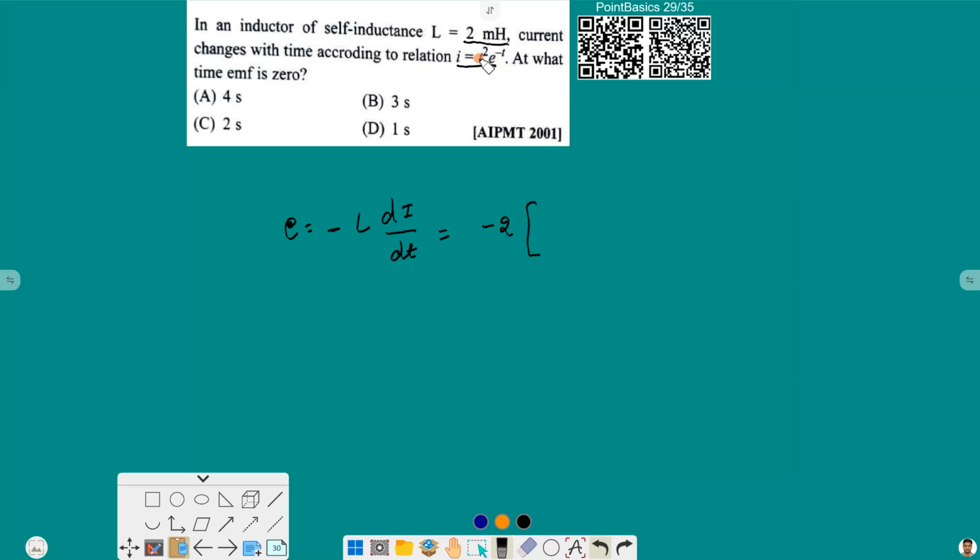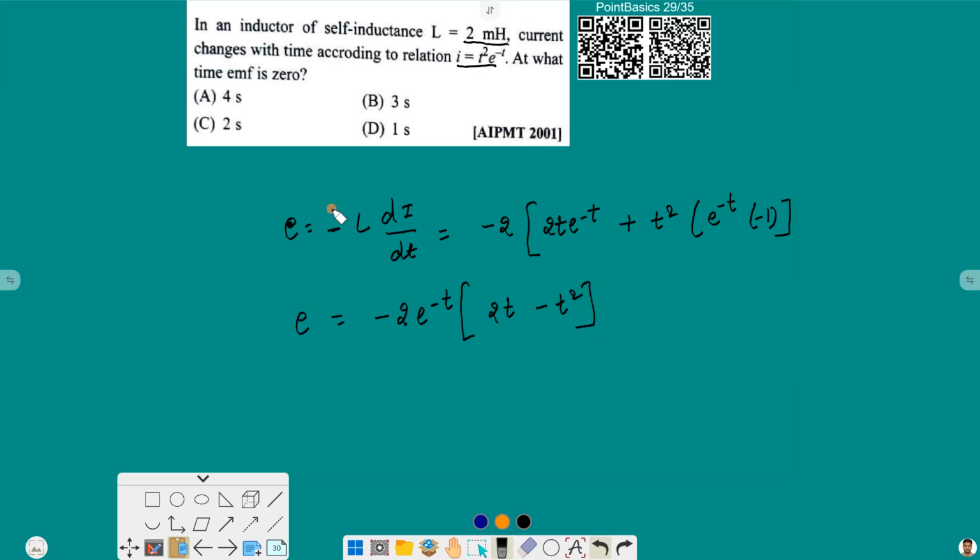First taking the derivative of t square, it will be 2t into e raised to power minus t, plus t square as it is, and the derivative of e raised to power minus t will be e raised to power minus t into minus 1. So we can take e raised to power minus t common out of this. So minus 2 e raised to power minus t, and we have 2t here and minus t square here.